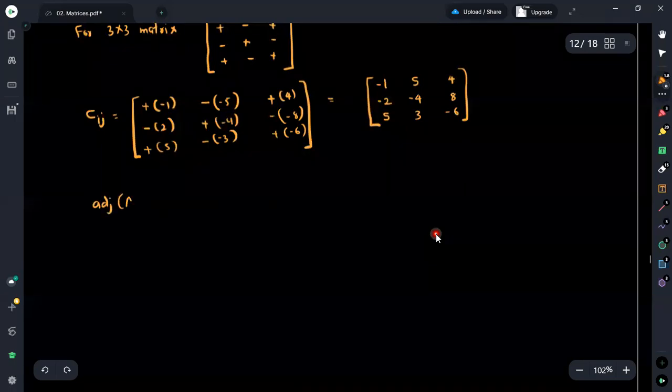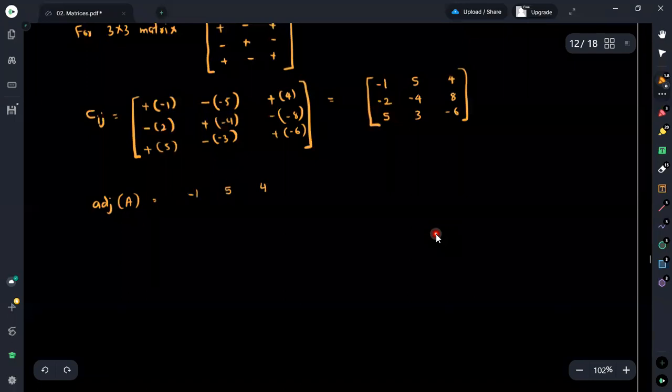To obtain the adjoint matrix for A, we have to take the transpose of this matrix. We can write it this way first: minus 1, 5, 4, minus 2, minus 4, 8, 5, 3 and minus 4.